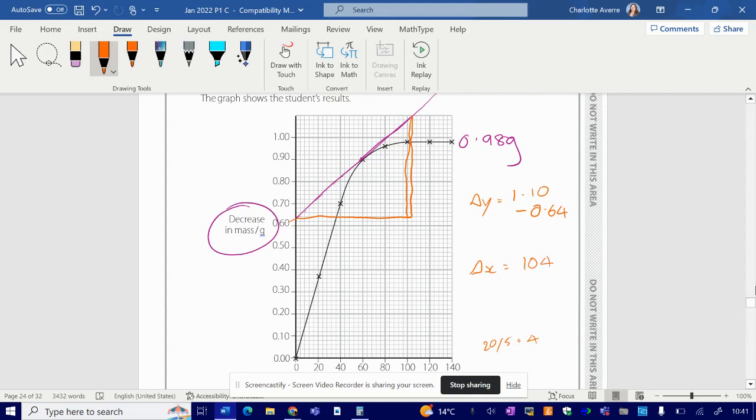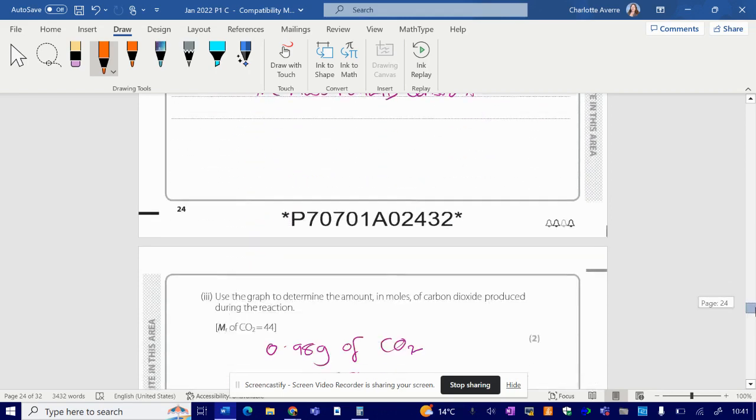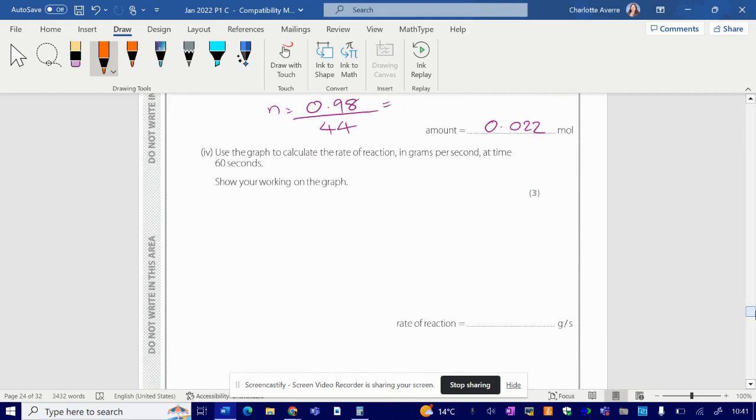Okay. So using a calculator, 1.01 minus 0.64 is 0.46, so I'm going to have 0.46 over 104.